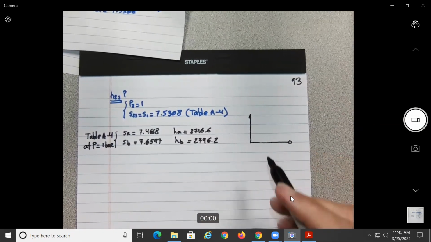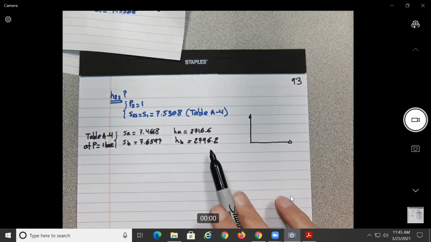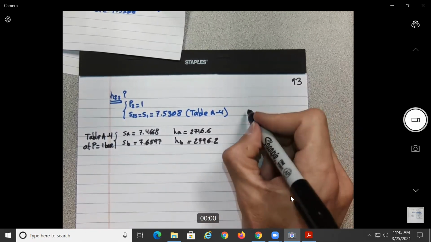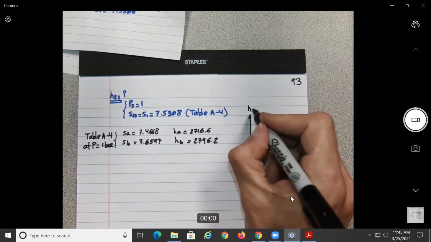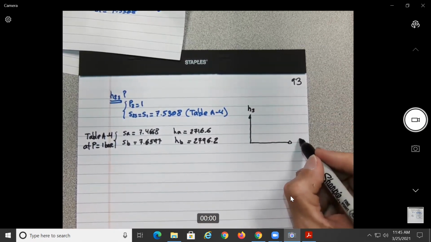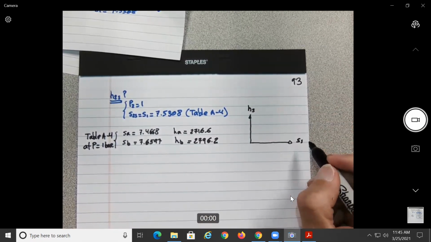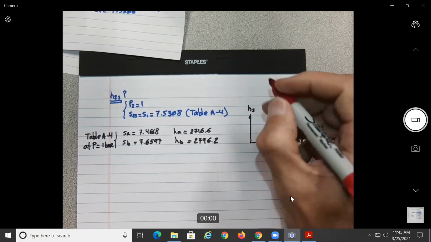What do you put on the Y? What are we trying to find over here? We're trying to find H2S, no? So you put on the Y direction what we're trying to find. And what do we know? The entropy, no? Okay, so it will be a linear interpolation.